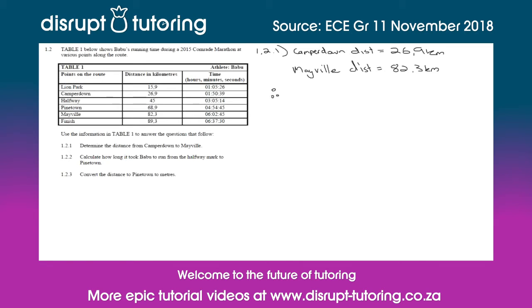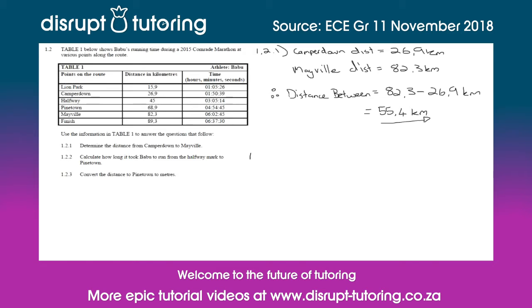So then therefore our distance between will equal this difference, so it's going to be 82.3 minus the 26.9 kilometers, and put this into your calculator and you get that this comes to 55.4 kilometers. So that is the difference.